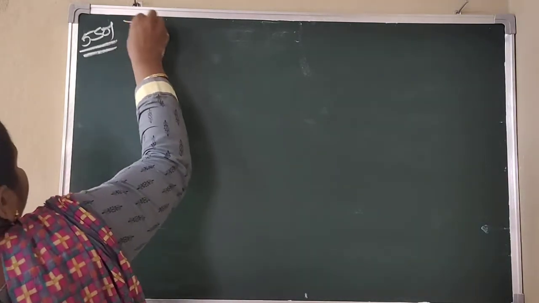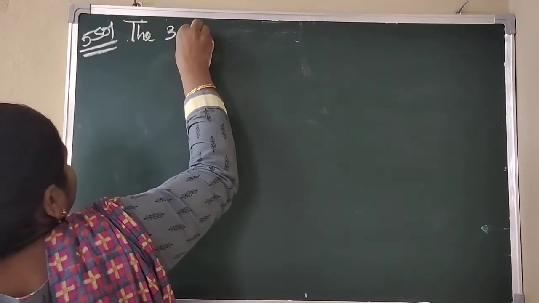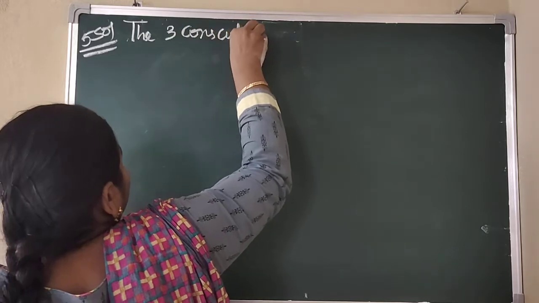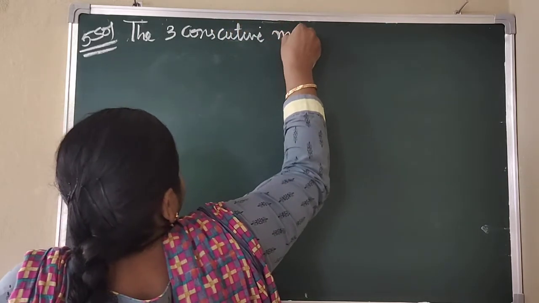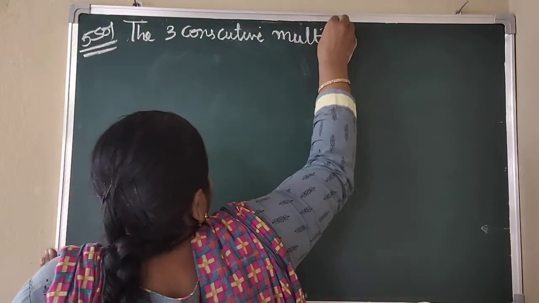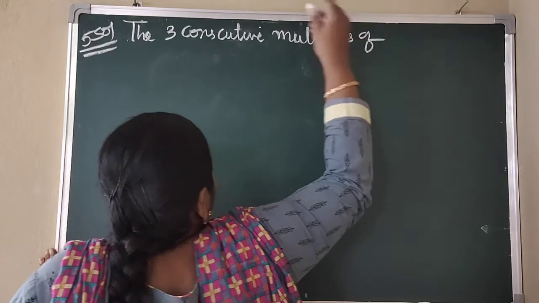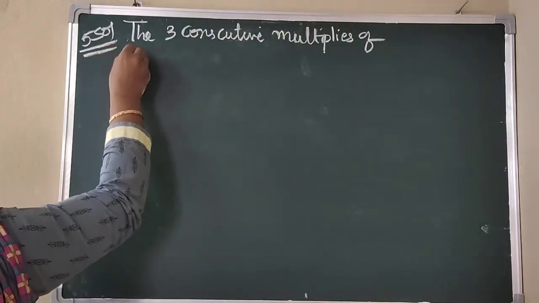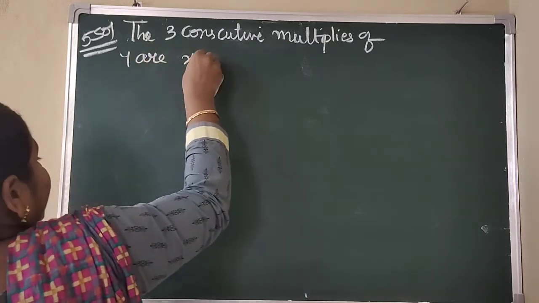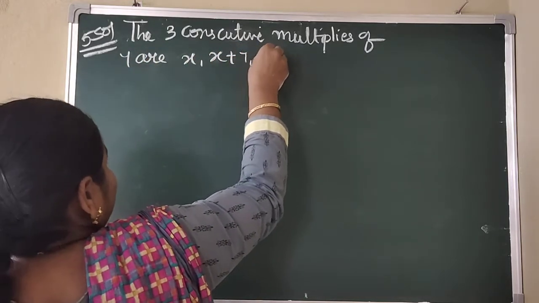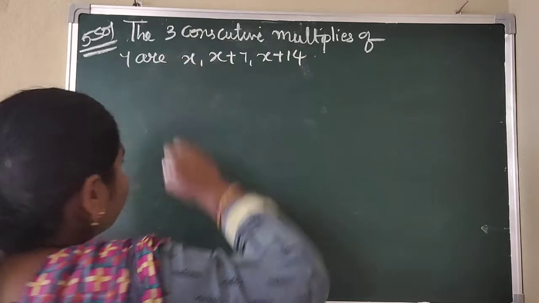So here the 3 consecutive multiples of 7 are, so what we are taking, x, x plus 7, x plus 14.